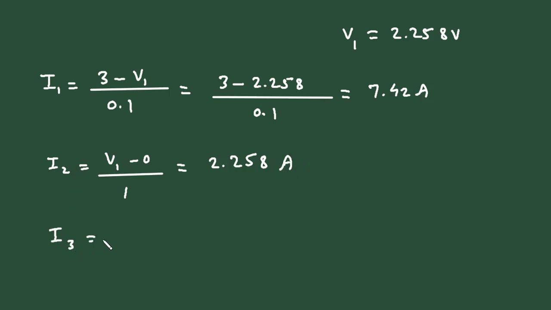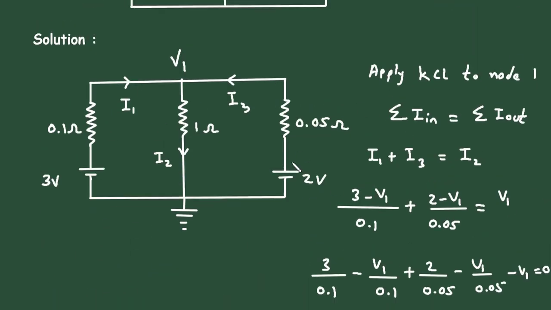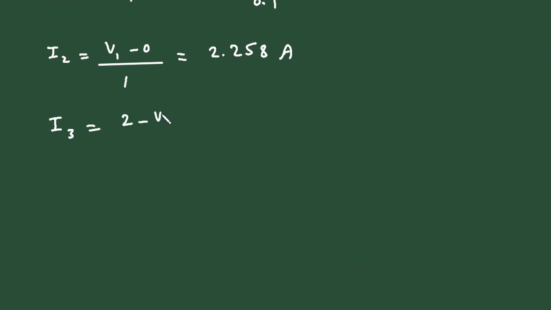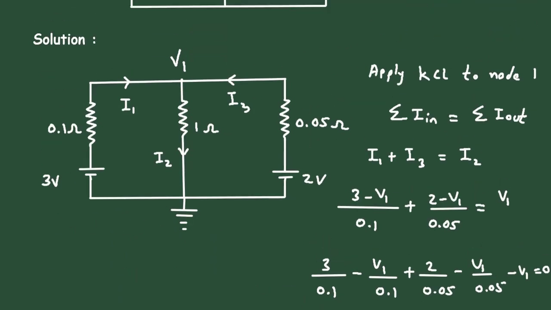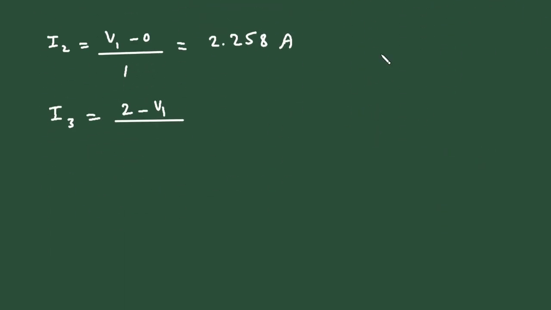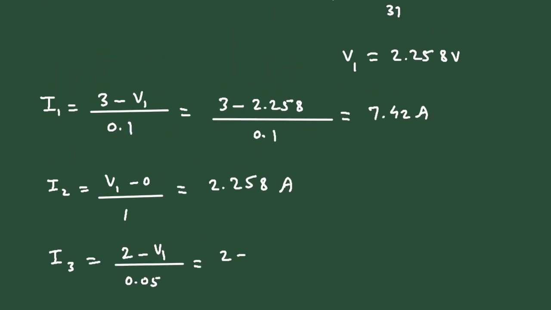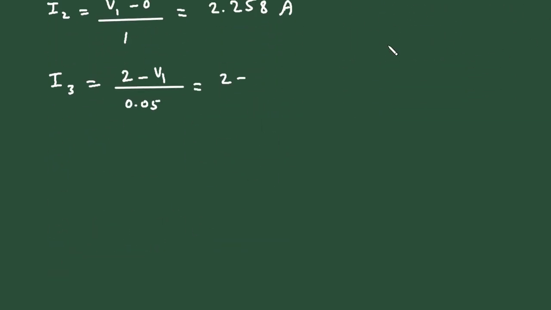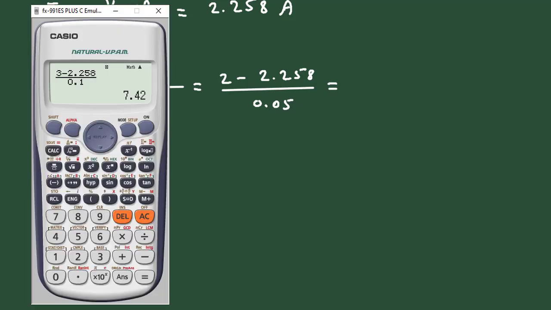Then next is I3. So I3 will be 2 minus V1 divided by the value of resistance. It is 0.05 ohm. So it will be 2 minus the value of V1, 2.258, divided by 0.05.